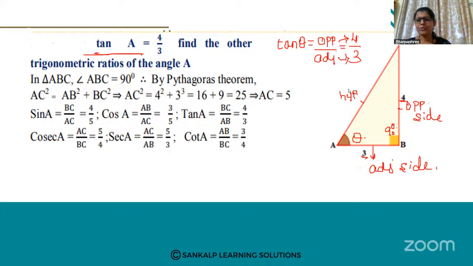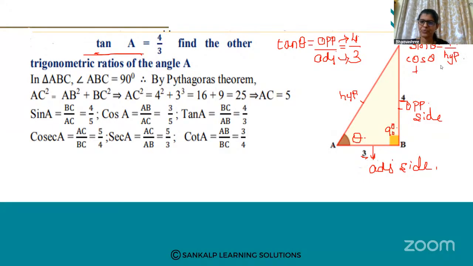But what we need to find out is, we need to write other trigonometric ratios. Other trigonometric ratios means sin theta, cos theta, cosec theta, sec theta, cot theta, we need to write all. But for sin theta, we want opposite side divided by hypotenuse.